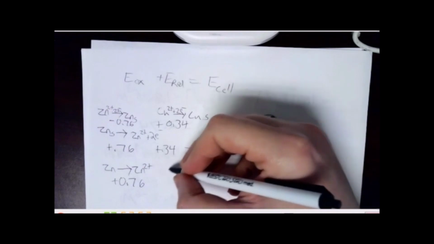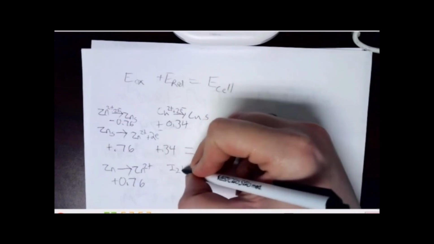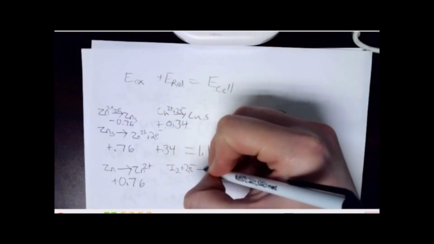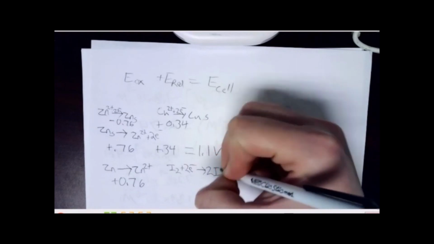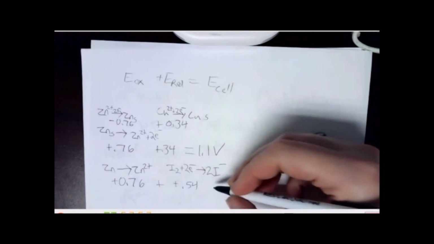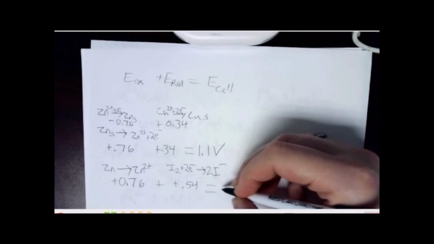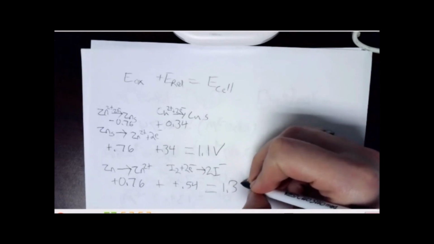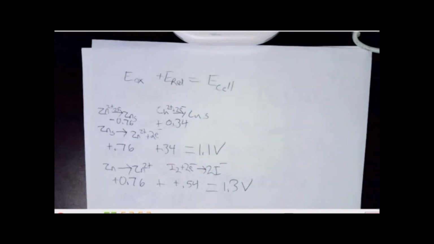And we had iodine plus 2 electrons goes to 2 I minus. If we looked up on the chart, this would be positive 0.54. So if I add these two values together, we have 1.3 volts.